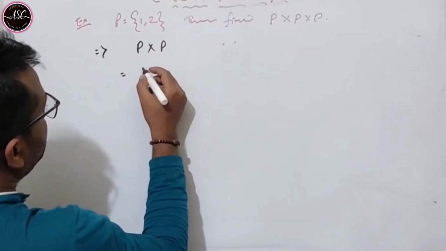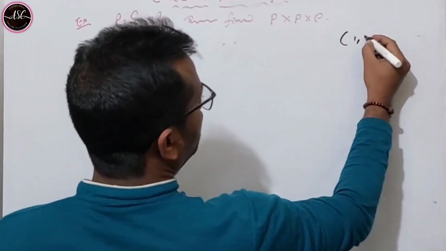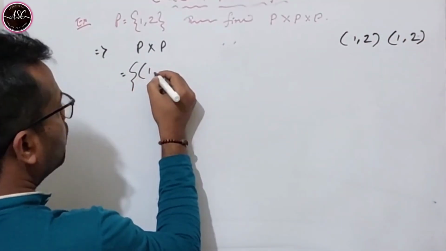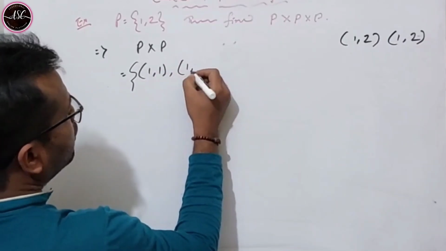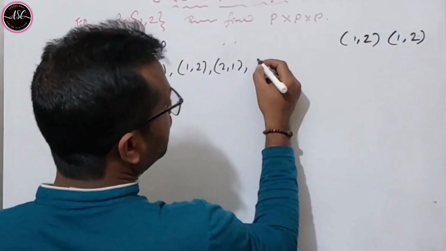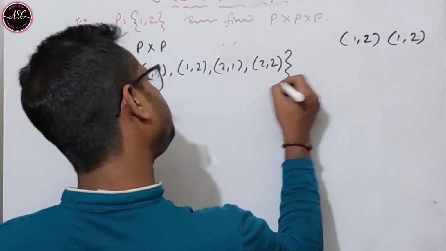So we have {1, 2} and {1, 2}. The first element with the first element: (1, 1), then (1, 2). Then the second element with the first element: (2, 1) and (2, 2). Okay.